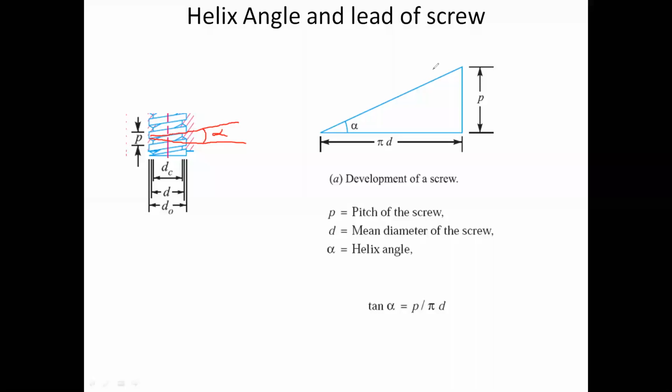It is not a very huge angle, it is within about 10 degrees only. The helix angle is provided so that whenever we rotate any screw, it advances in the linear direction. So that is called helix angle.